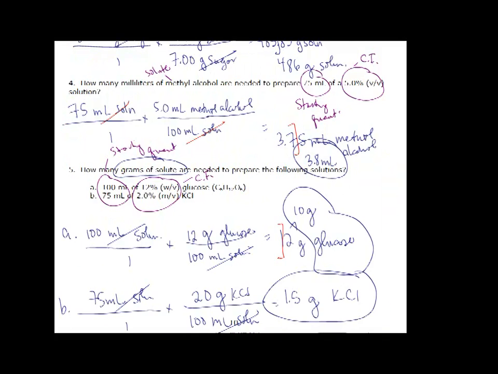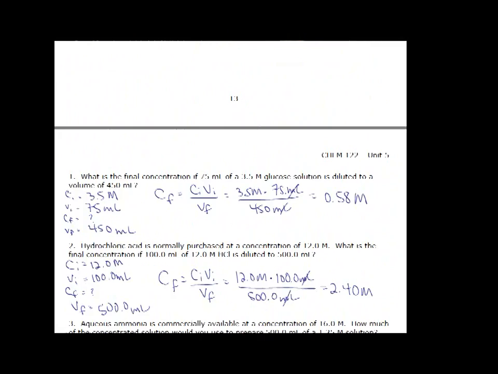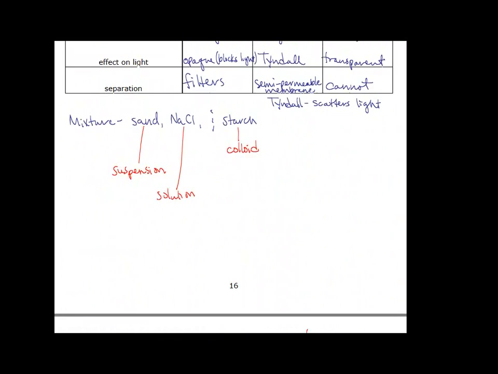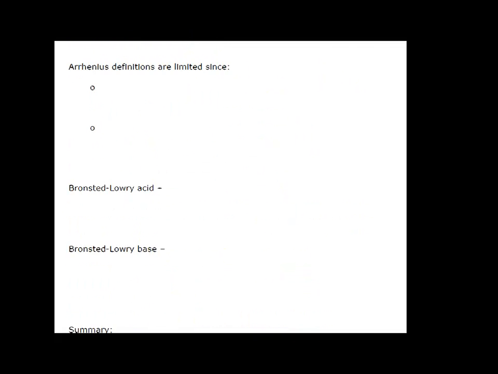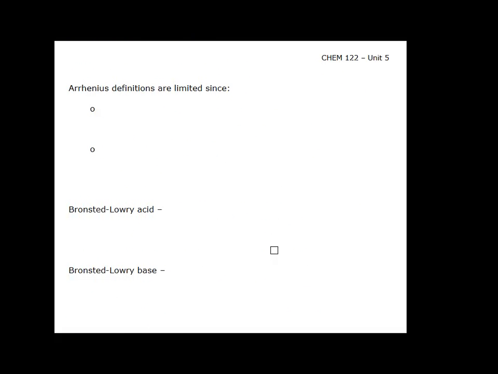All right, back to acids and bases. We just talked about the definitions. An Arrhenius acid produces H+ in solution. An Arrhenius base produces hydroxide in solution.